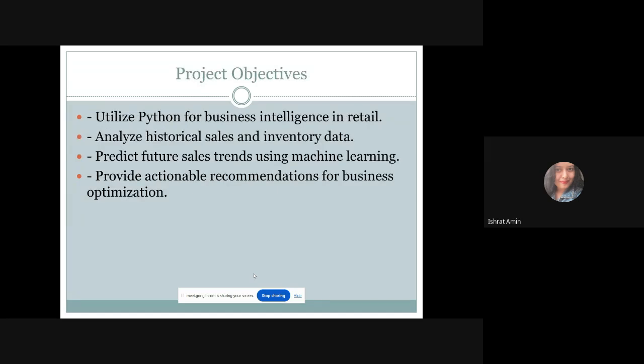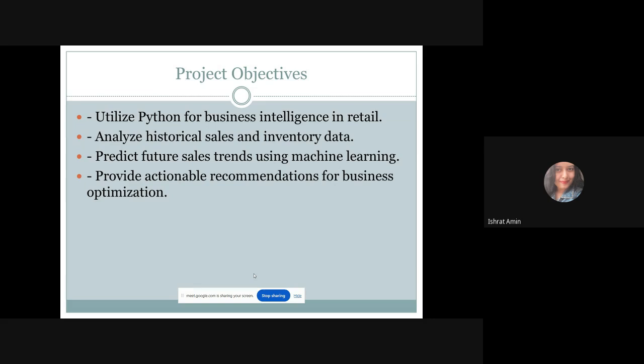The objective of this project is to utilize Python for business intelligence in retail, analyze historical sales and inventory data, predict future sales trends using machine learning, and provide actionable recommendations for business optimization, which I will be covering in the later part of this presentation.